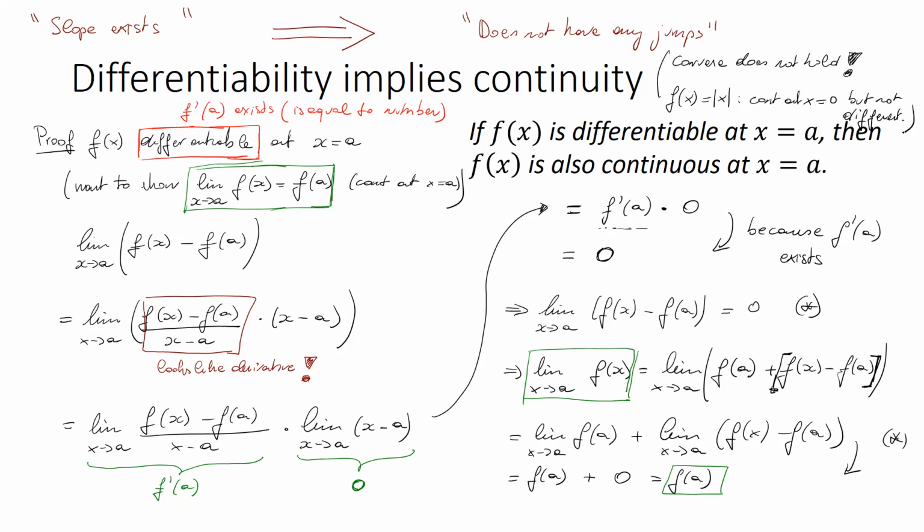We just proved that. So differentiability is stronger than continuity. Differentiability implies continuity, but continuity does not imply differentiability.